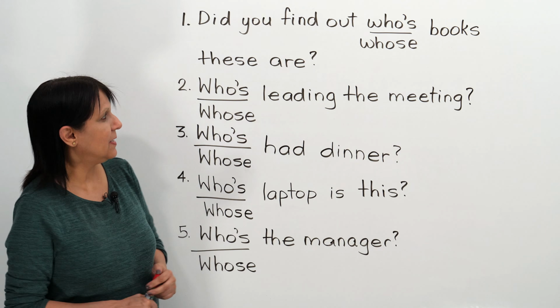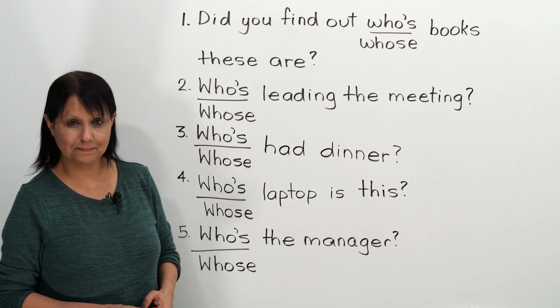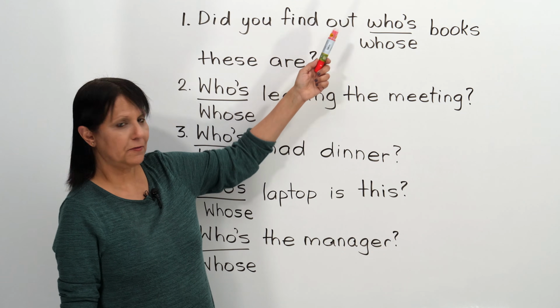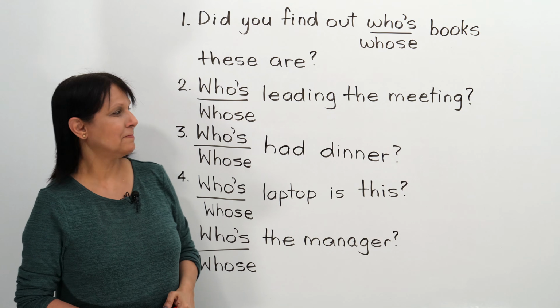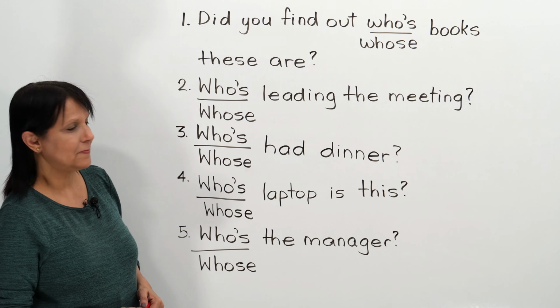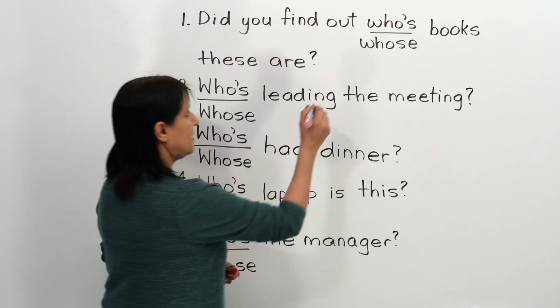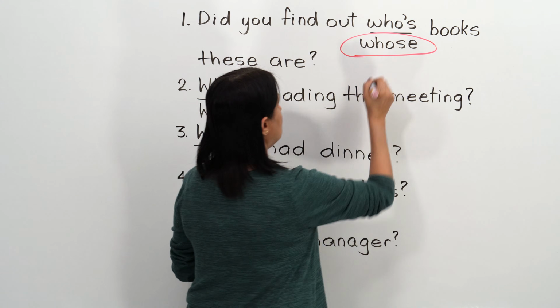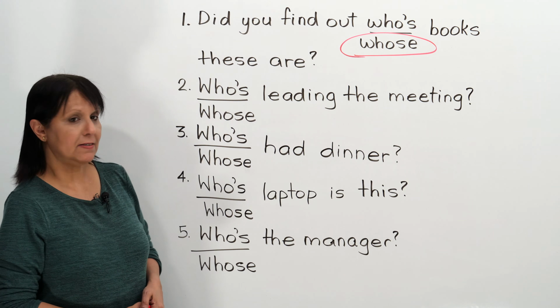Number 1. Did you find out whose books these are? Is it the first one or the second one? Think about it. So here it is whose, okay? Did you find out whose books these are?